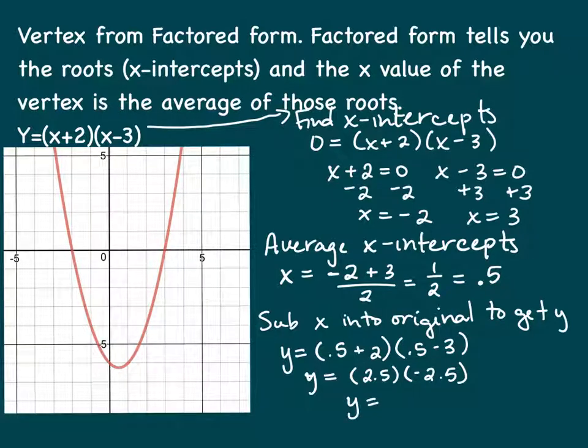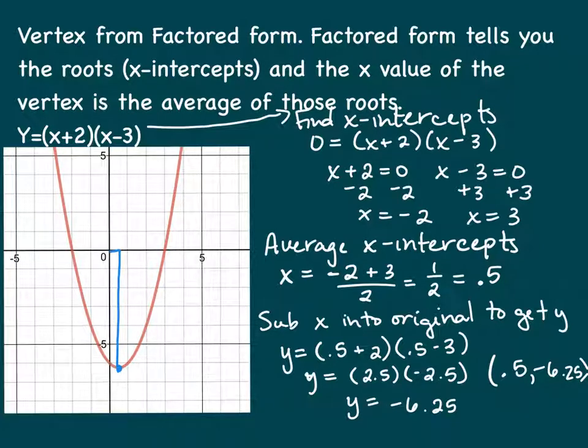So if I do that math, negative 6.25. So my vertex is the point 0.5, negative 6.25. And if I look at my graph, right there, we're going 0.5 and then down 6.25. So that makes sense.